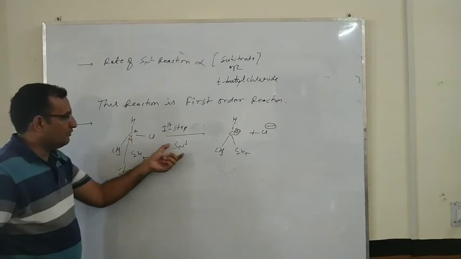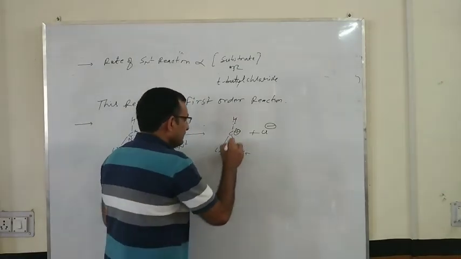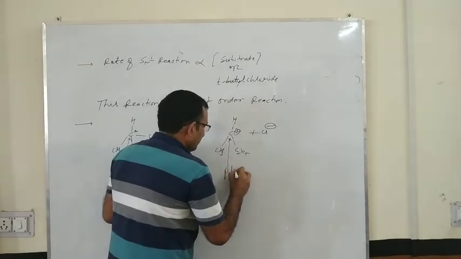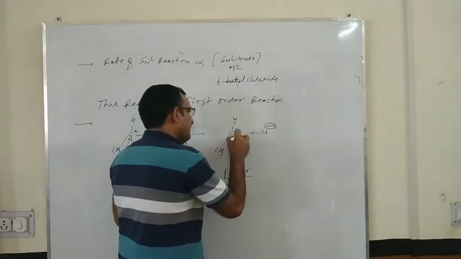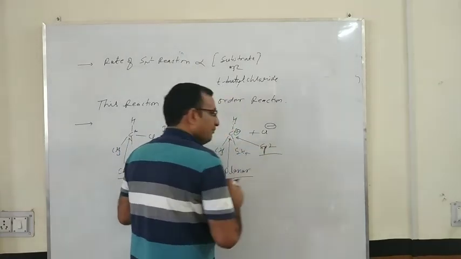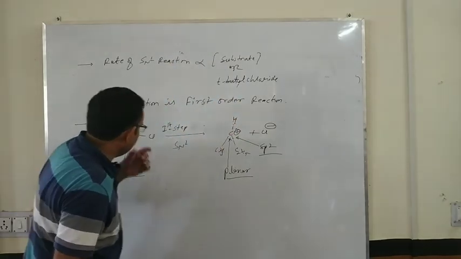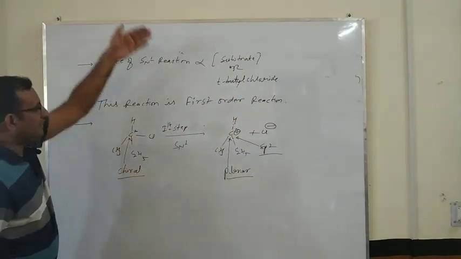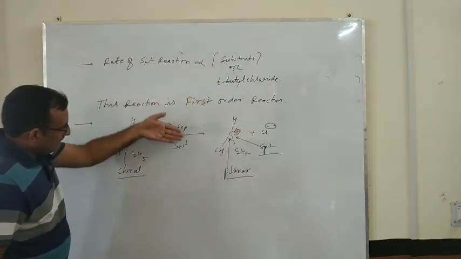First step of SN1 reaction is formation of carbocation. So this carbocation is a planar molecule, because the hybridization of the carbon atom is sp2. So the shape of the molecule is triangular planar. We say that the carbocation is present in a plane.